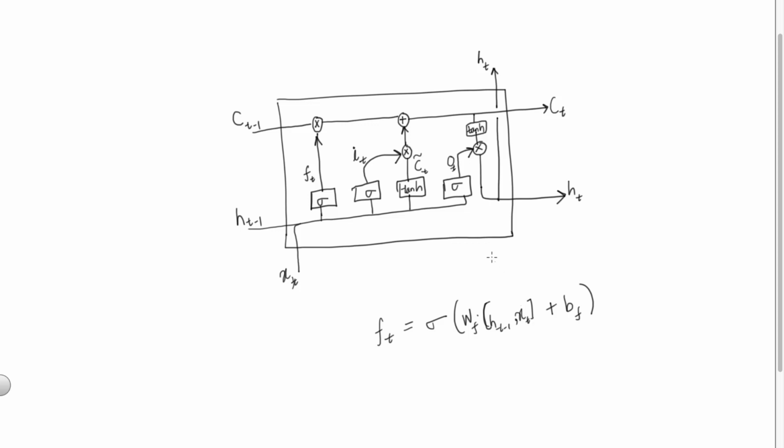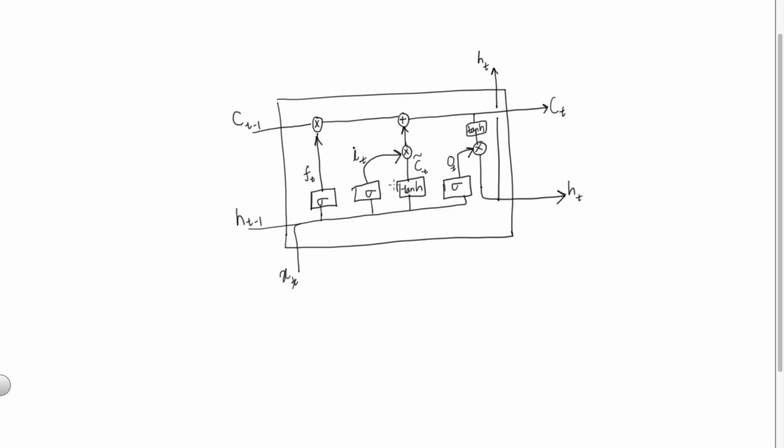Essentially this is just a normal sigmoid layer as it works in a neural network, a sigmoid operation on this computation. Through this we get to know what information is to be discarded and what is to be kept.